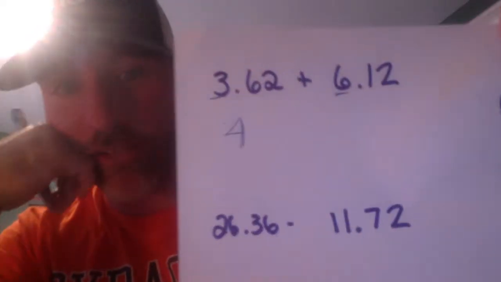All the digits to the right become zeros, and any digit to the left, unless you have to regroup, stays the same. So in this instance I have 3 62/100ths, and they want me to round it to the nearest whole number. So 6 tells the 3 to go up by 1, becomes a 4, and everything else turns to 0. Now, because it's a decimal, I don't need it. I'm just going to say it's 4.